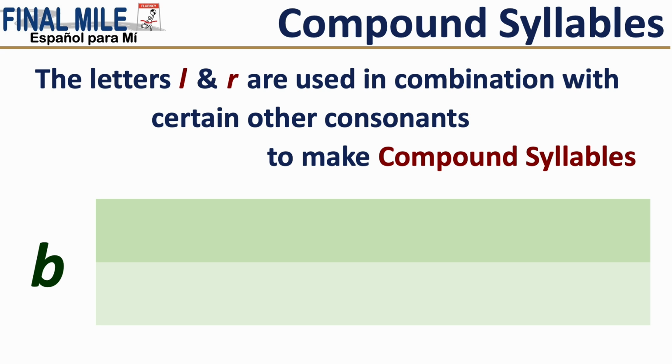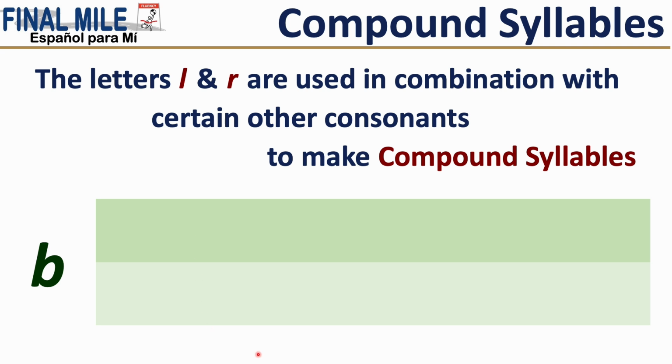So every consonant gave us, oversimplification, but every consonant gave us 5 basic syllables. So this would have been ba, be, bi, bo, bu. So we can take these letters, an L or an R, and insert it in between the B and the A and come up with another syllable.